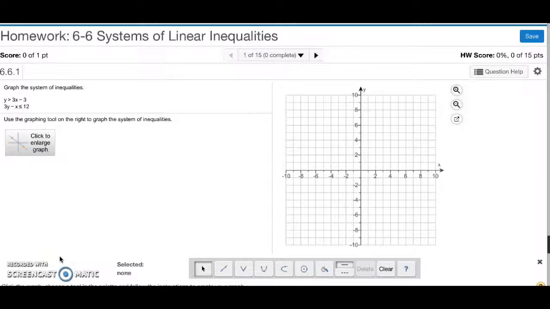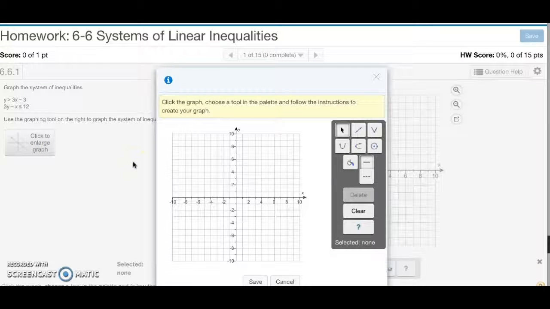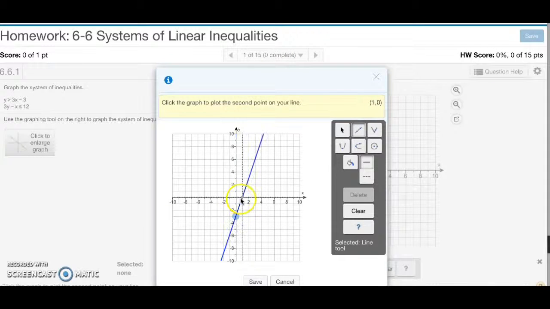Okay, so I'm going to graph number 1 on MathXL. So I'm going to click to enlarge the graph. And now my first inequality that's solved for is y is greater than 3x minus 3. So I'm going to start at the negative 3 and go up 3 over 1. Now, notice how there is no line under the inequality.